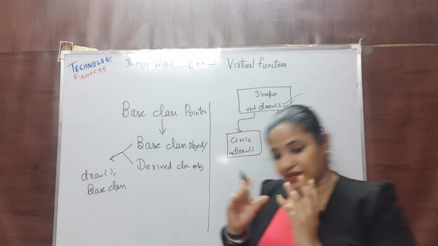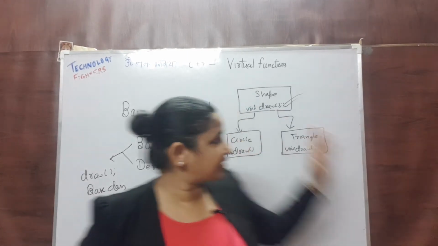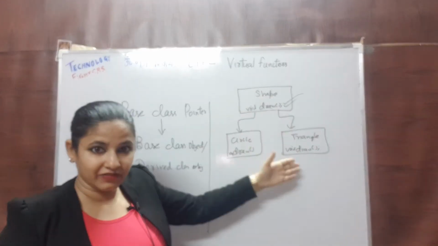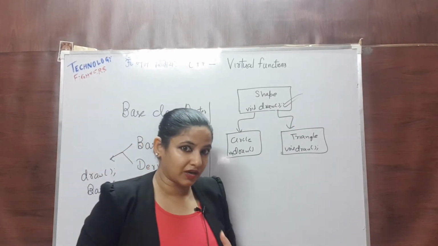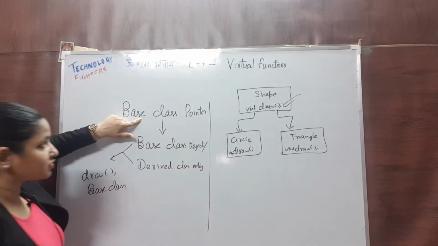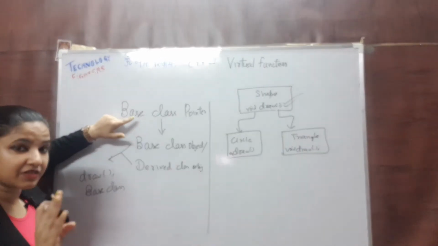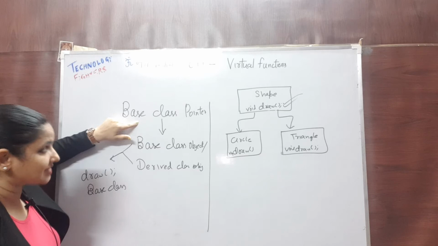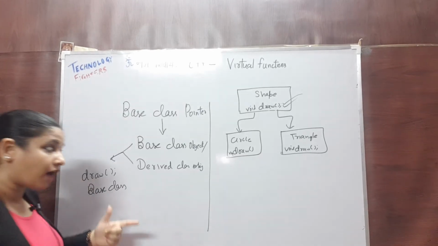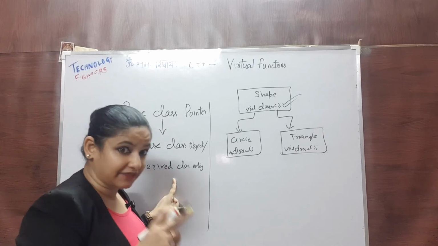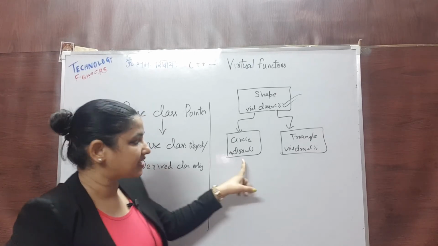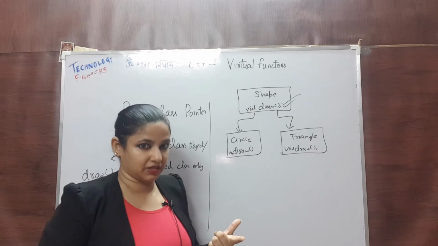But as you can see, this is a real world example, right? In the real world, what we want is that if the pointer is of my base class and the object is of a derived class, then the derived class function has to be executed.